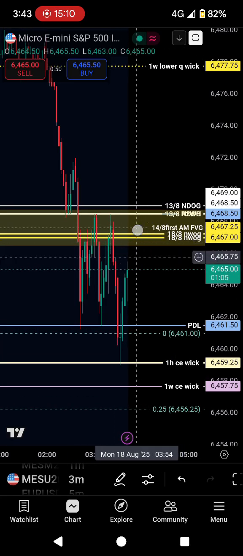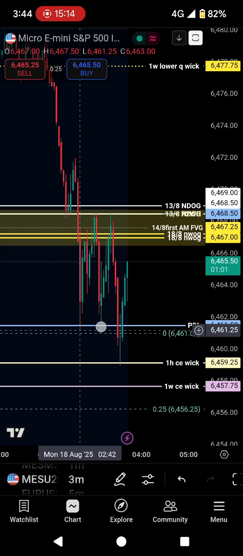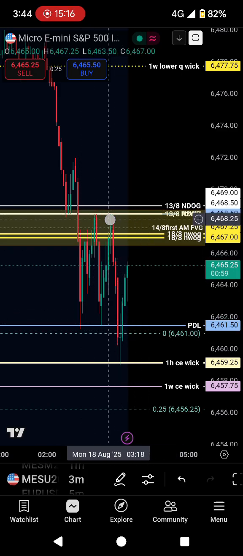Remember when it's so close, it would be like a magnet like that, okay? Plus we cleared sell side, so next draw is aim for the buy side here.